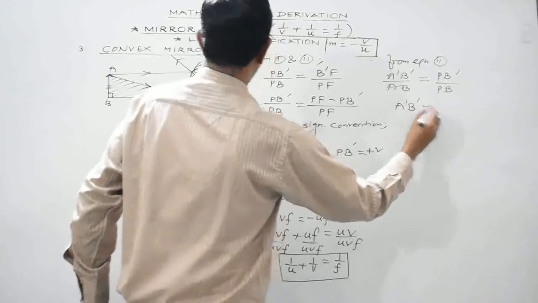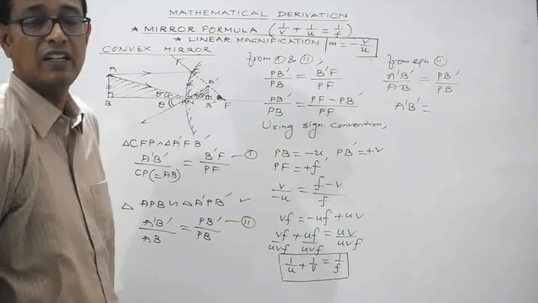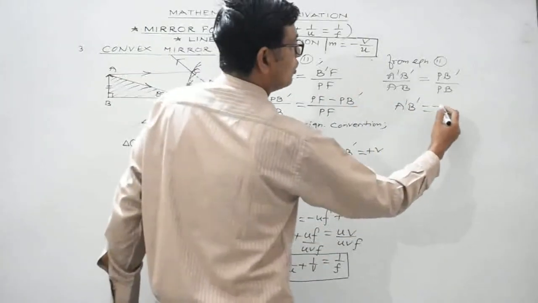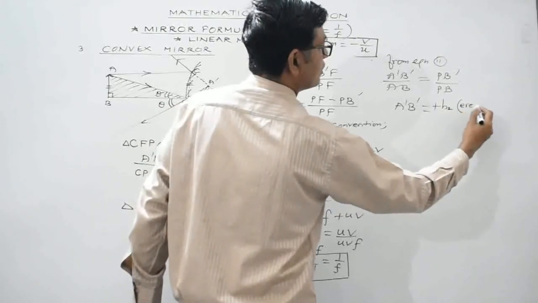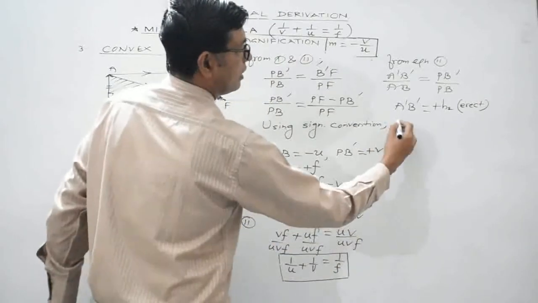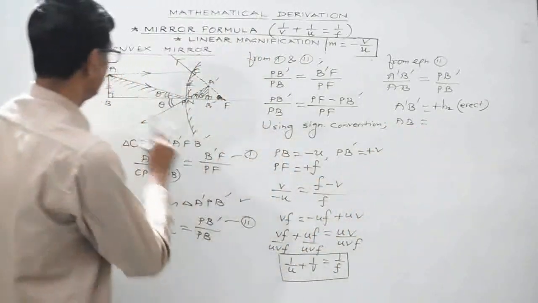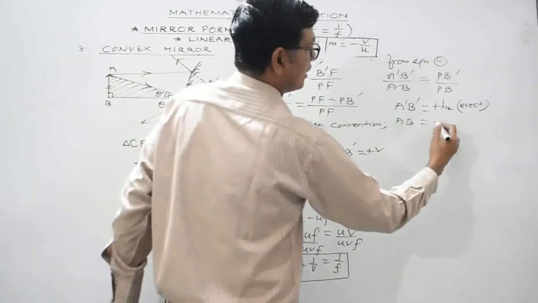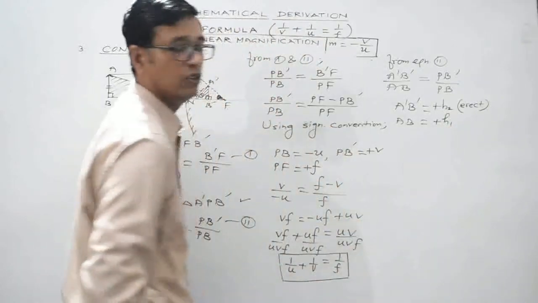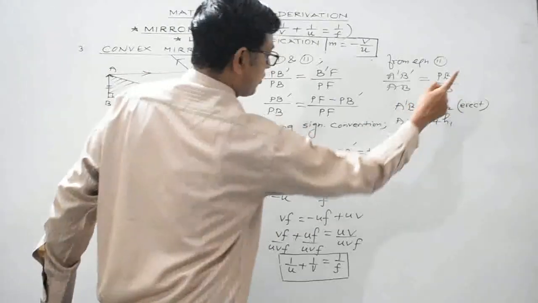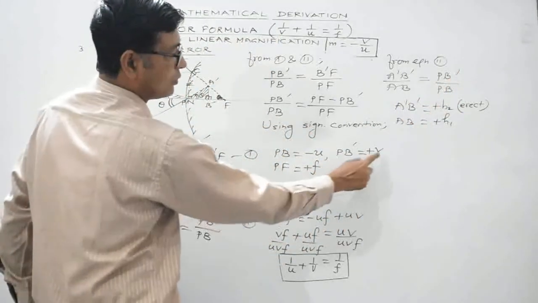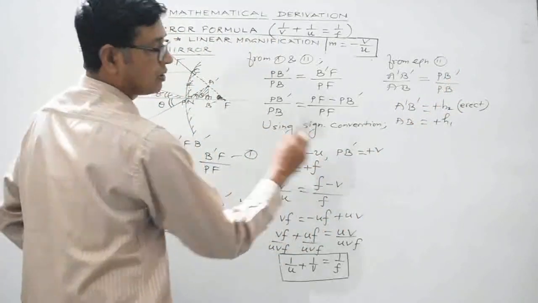A'B' is the size of the image and it is erect. So plus H2. Plus sign signifies that the image is erect. AB, object is always placed erect. So it is plus H1. H1 is the notation which we are using to denote the size of the object. PB', we are aware, it is plus V. PB, we are aware, it's minus U.